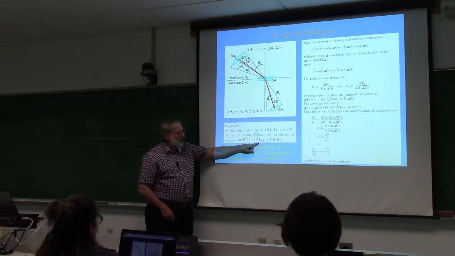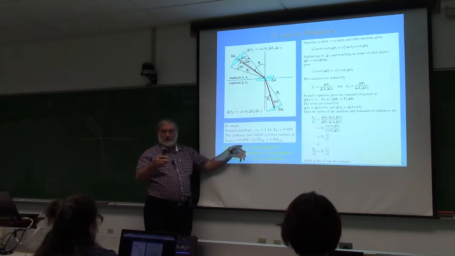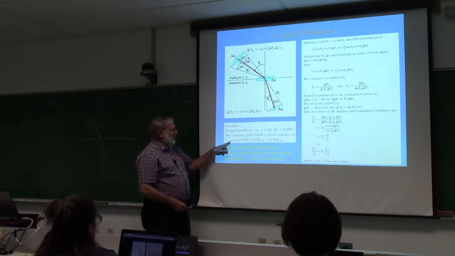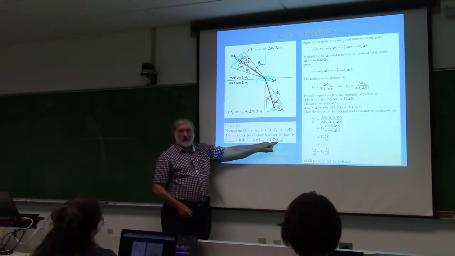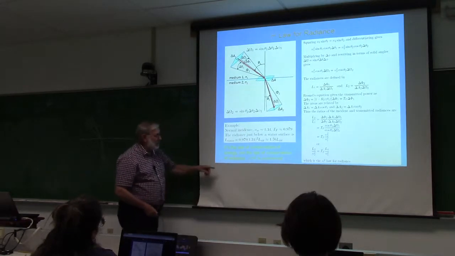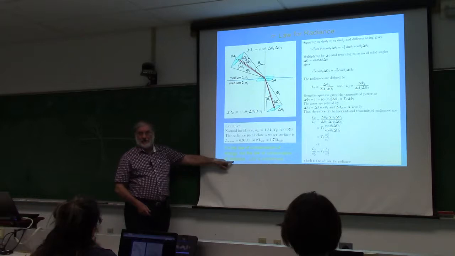And so the radiance goes up by a factor of n squared because the solid angle went down by a factor of n squared. So in the water, that radiance would be like 1.76 times the radiance in air. And remember, it's the law of conservation of energy, not the law of conservation of radiance.